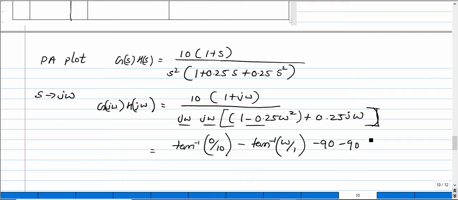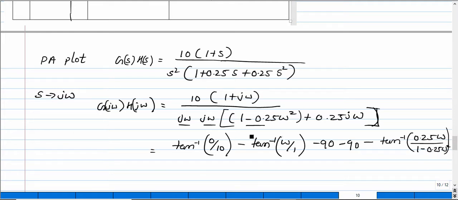And for the last term I will write minus tan inverse of the imaginary part 0.25 omega over the real part 1 minus 0.25 omega square, that is y by x.